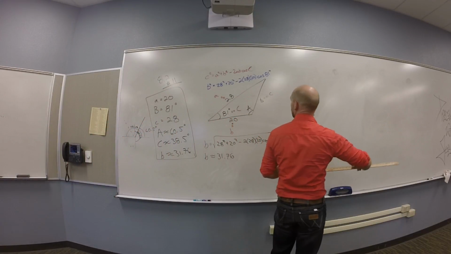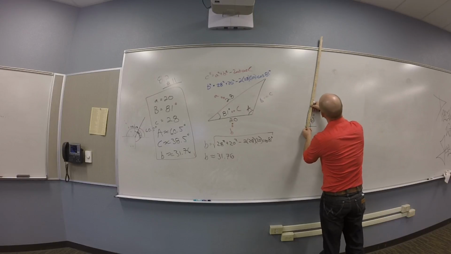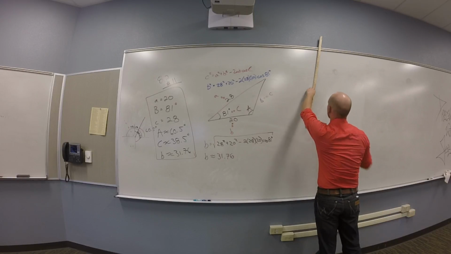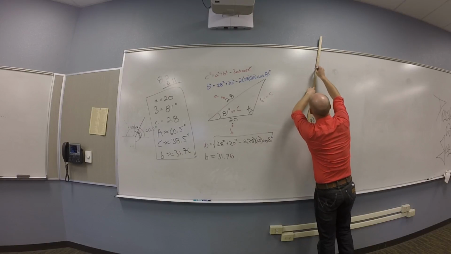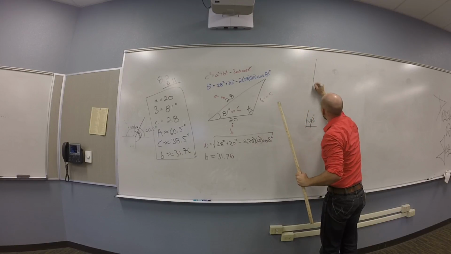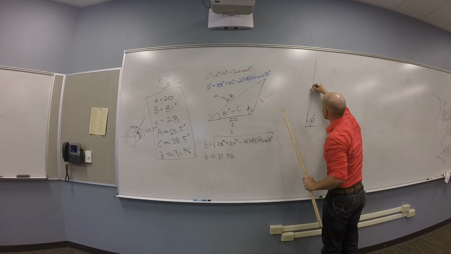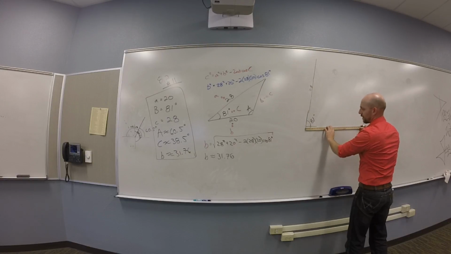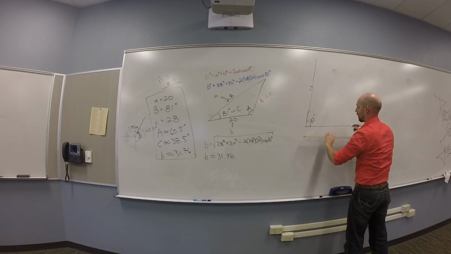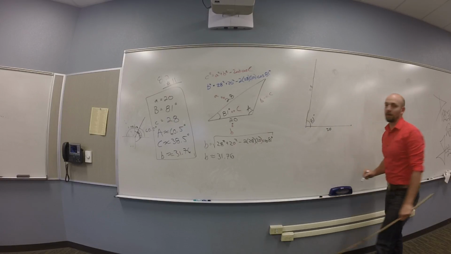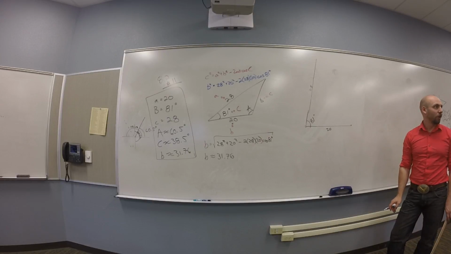So I need a side of 28. I should have drawn this a little lower. Okay, so there's my side of 28. Here's my side of 20. How many ways are there to finish this triangle off?